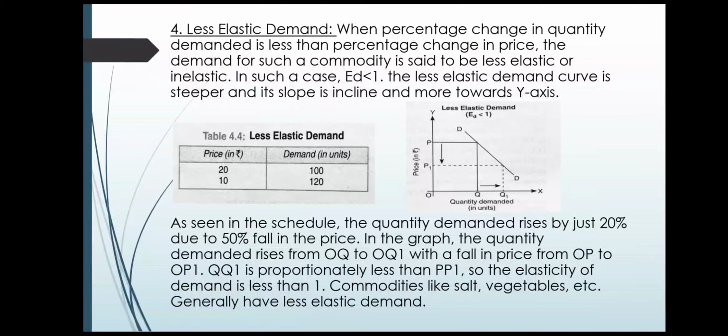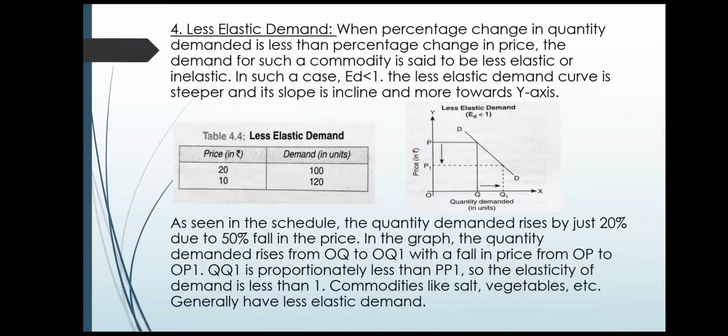As seen in the schedule, the quantity demanded rises by just 20% due to a 50% fall in price. In the graph, the quantity demanded rises from OQ to OQ1 with a fall in price from OP to OP1.